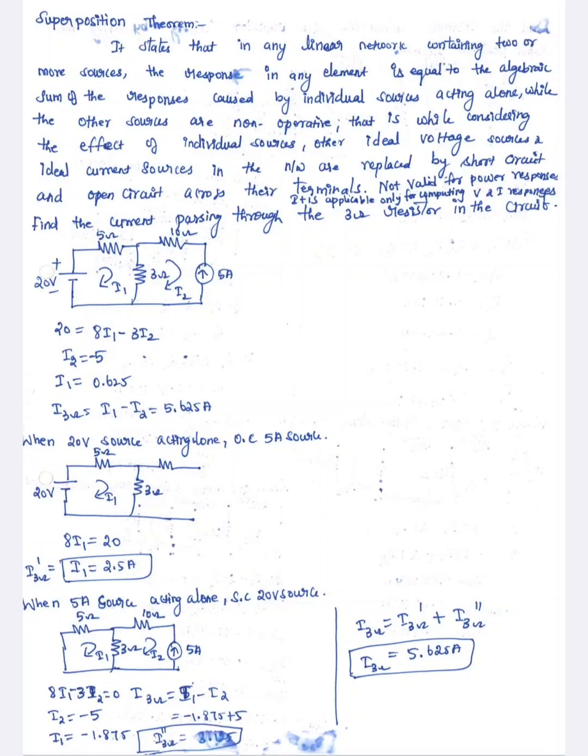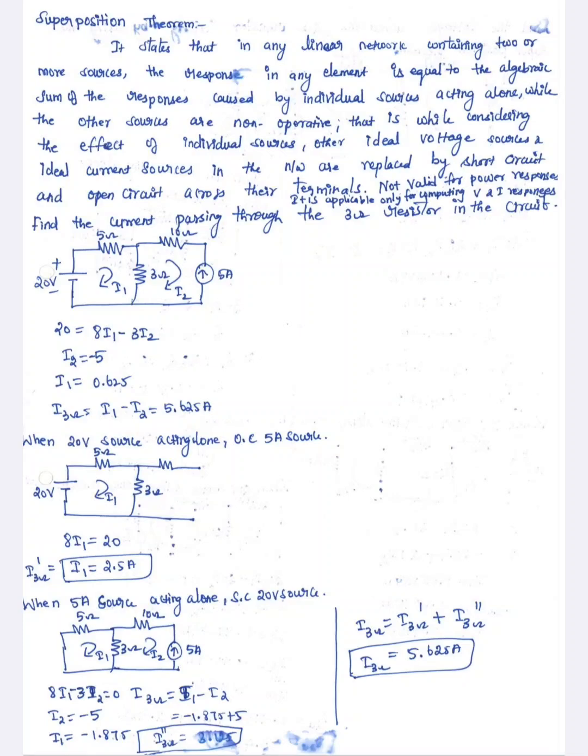If it is a voltage source, you have to short circuit the terminals. If it is a current source, you have to open circuit the terminals. In this way you can make the sources inactive.